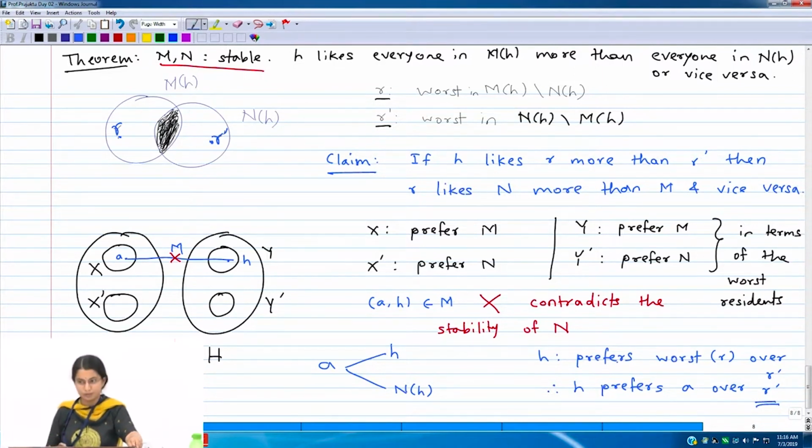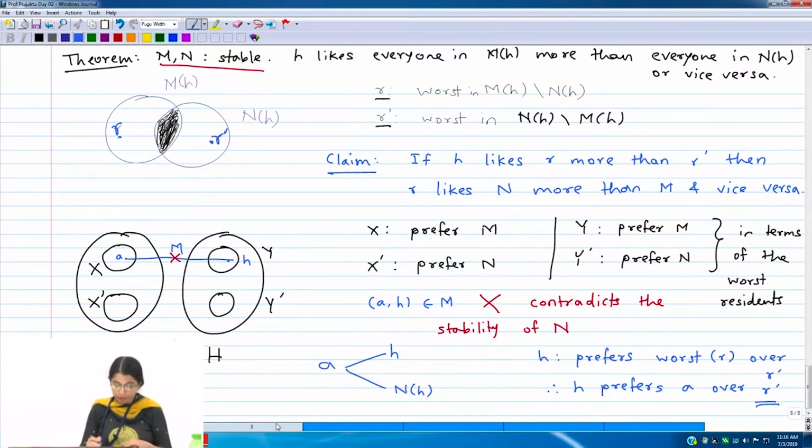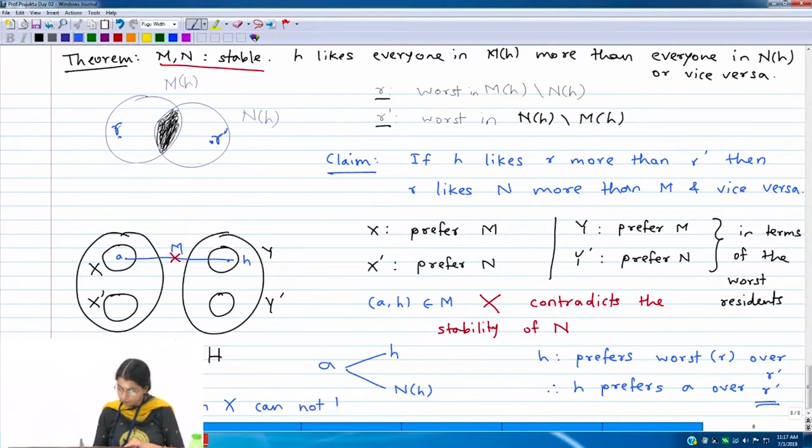Yeah, so all I want to do is take some A in X and look at where A's M partner can be. And the claim is that A's M partner cannot be in Y because in that case they form a blocking pair with respect to N. So anyone in X cannot have an M partner in Y.